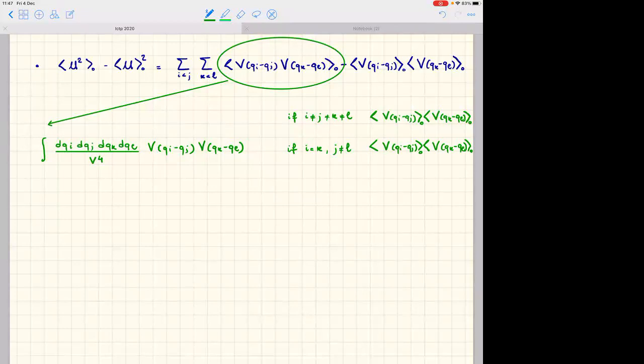So the only situation in which this is not equal to the product of the averages is if i is equal to k and j is equal to l. In that case, this is equal to the average of V(qi minus qj) squared.